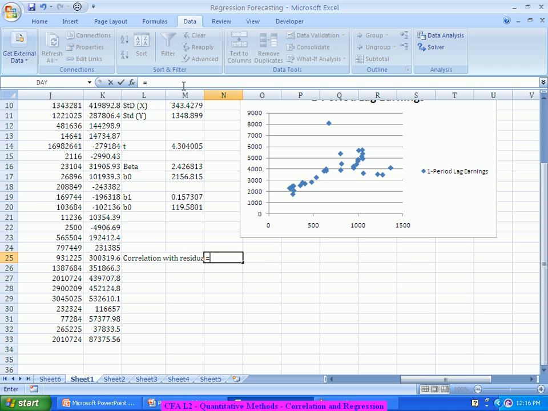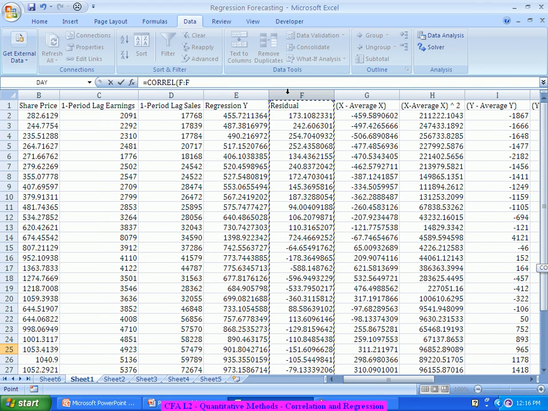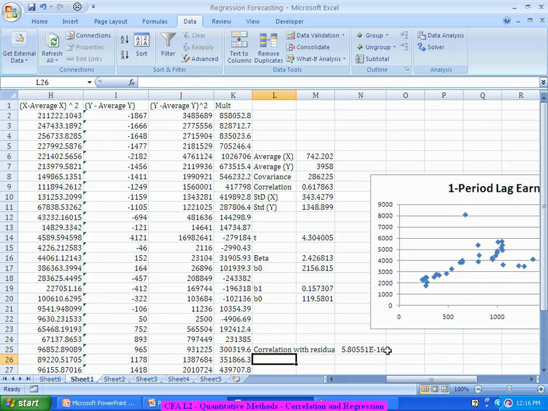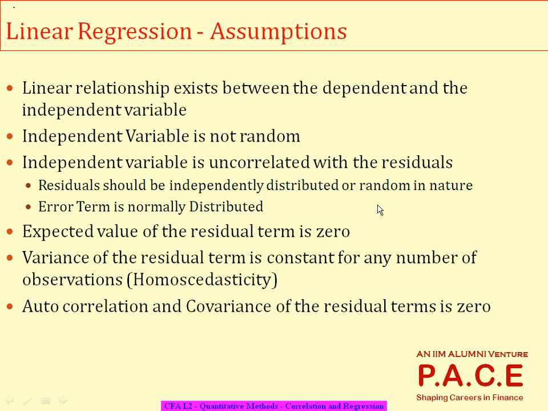Only if this holds, linear regression is valid. When I find that out, this number you see is of the order of 10 to the power of minus 16, which is almost 0. Even if I apply my test, it will go with the null hypothesis itself. So this assumption is applicable.